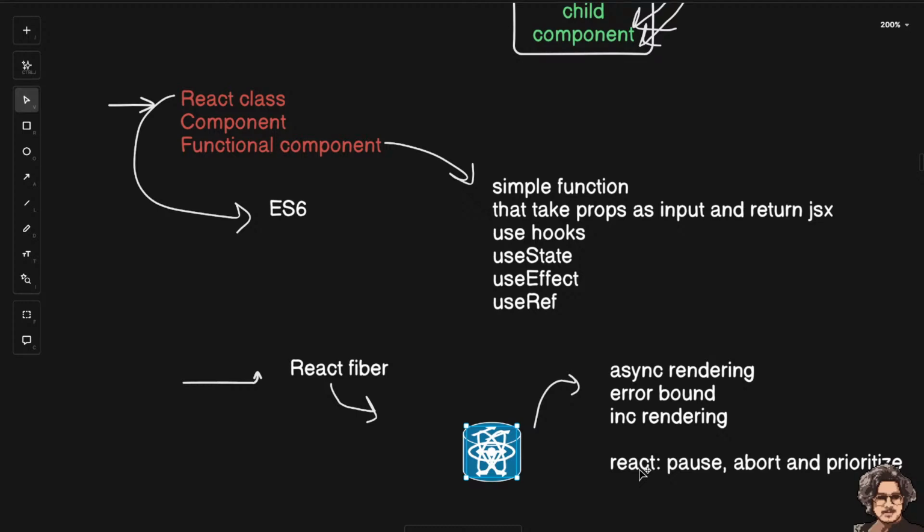Okay, reconciliation. Reconciliation is the process by which React updates the DOM to match the virtual DOM efficiently. It involves comparing the new virtual DOM tree with the previous one and determining the minimum number of changes required to update the actual DOM.